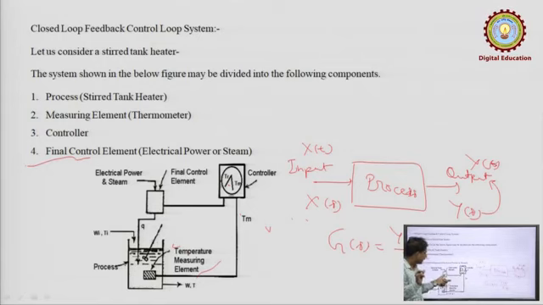It goes to the final control element, meaning it directs the final control element to increase your temperature. So, the electric power or steam starts increasing the temperature of the process. After some time, the temperature rises up to 50° centigrade, the same thing occurs, it sends the 50° centigrade signal to the controller, and you get an error of 10° centigrade.